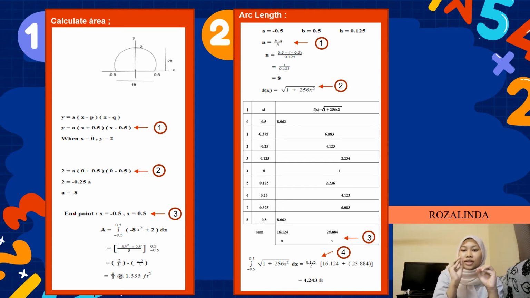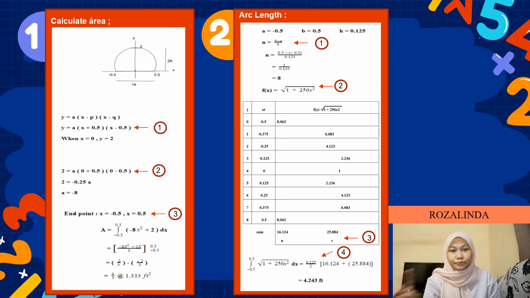Dia akan tambah 1H, 2H, 3H sampai yang nombor ke-7. Tapi untuk nombor 8, kita takkan buat A tambah 8H. Untuk yang nombor 8 tu, kita akan guna B. That's why nombor 8 tu is 0.5 because it is B.